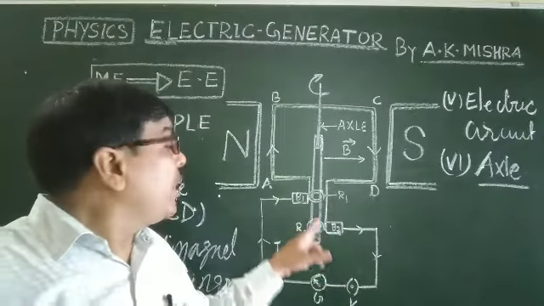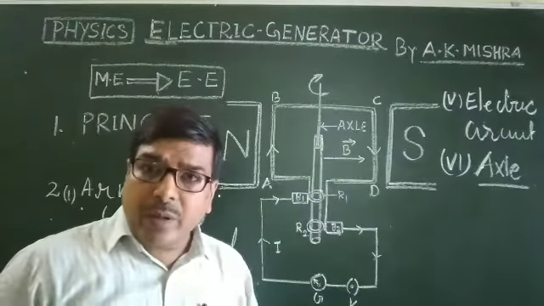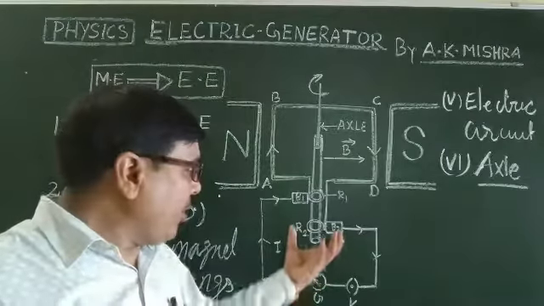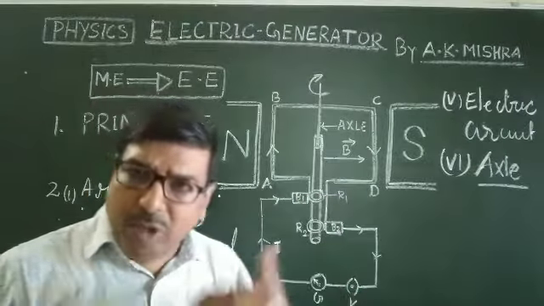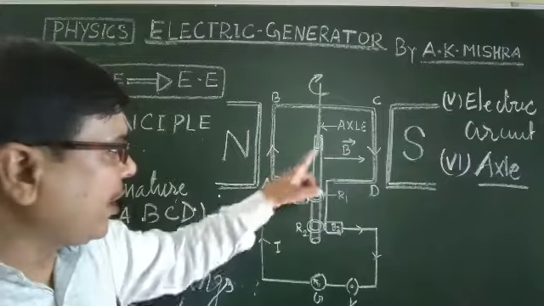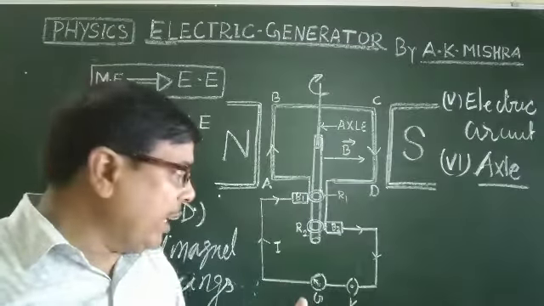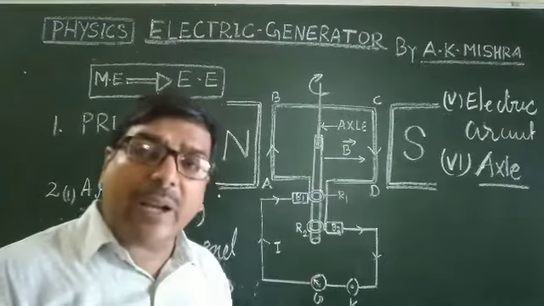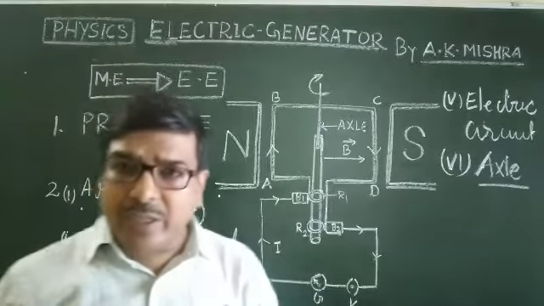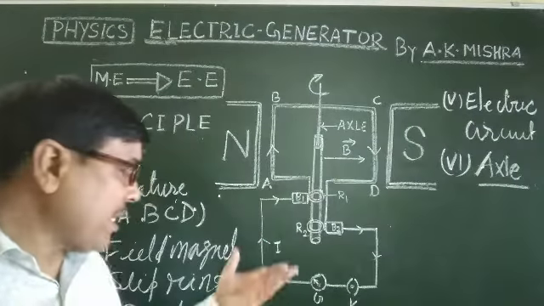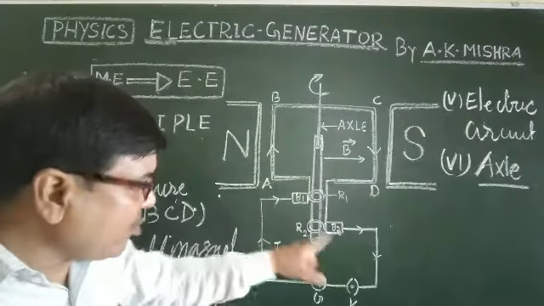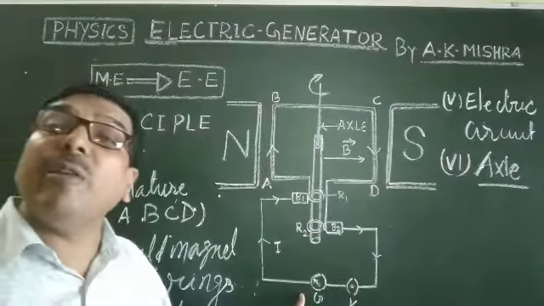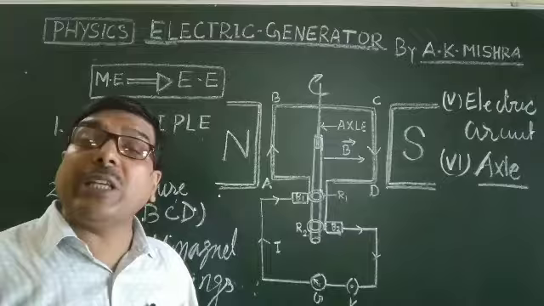Two brushes B1 and B2 are set in such a way that they are gently in contact with the slip rings, so that the rectangular coil ABCD rotates without rotating the brushes. Hence, the brushes are in a state of rest, in a stationary position, and the ends of the two brushes B1 and B2 are connected with a galvanometer together with a switch.